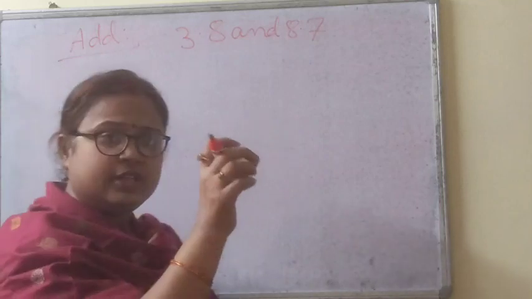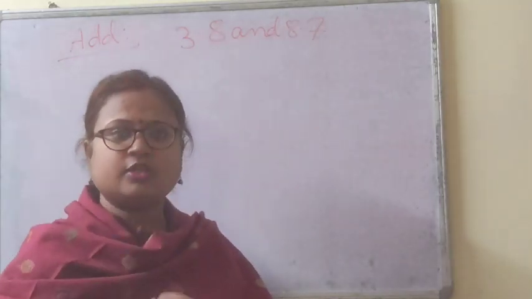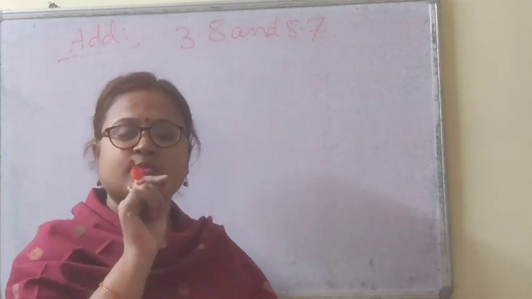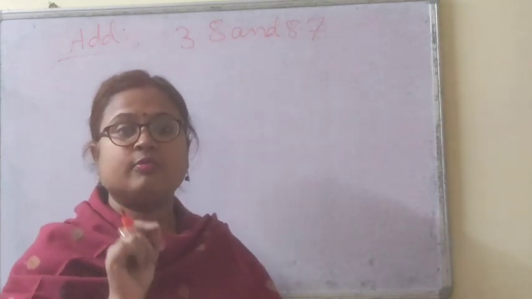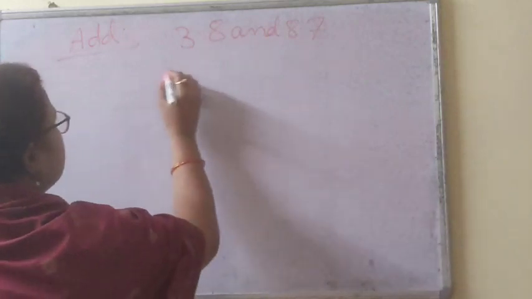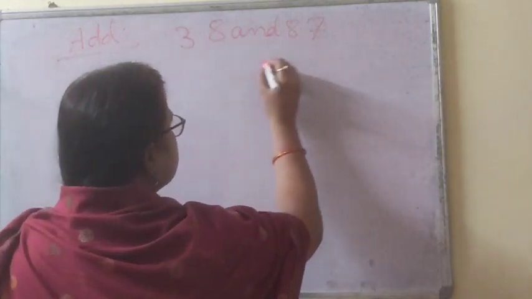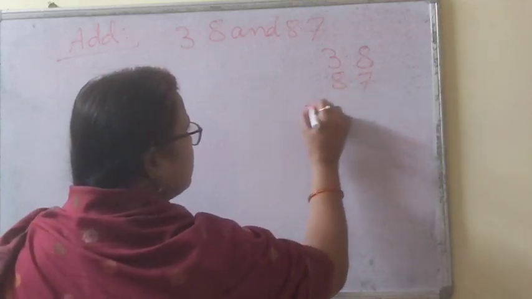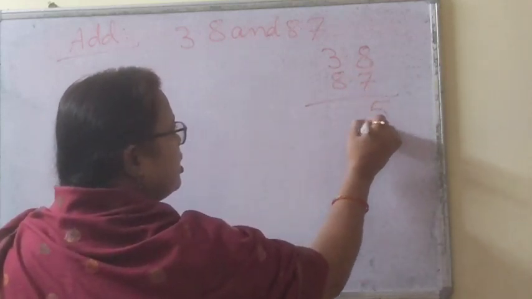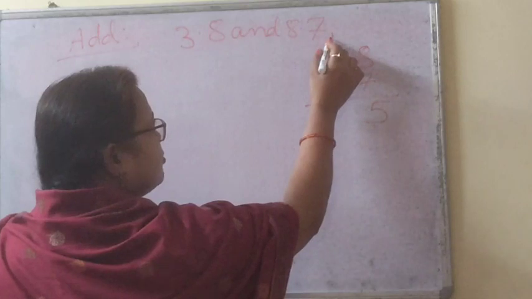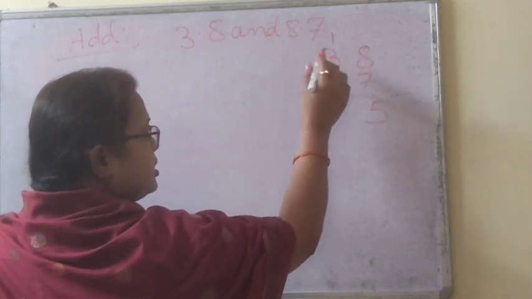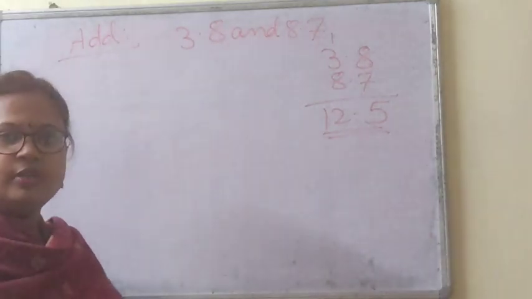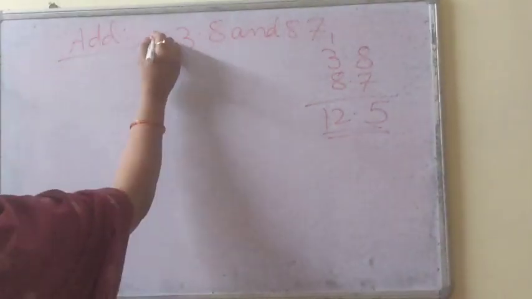You write all the decimal numbers in such a way so that all the decimal points lie in the same vertical line. So here you write 3.8 and then 8.7. So 8 and 7, 15, and 1 carry. So 3 and 1, 4, and 8 and 4, 12. So your answer is 12.4.